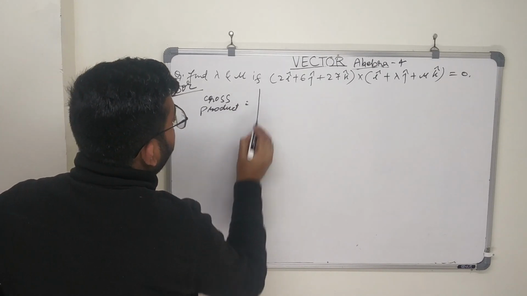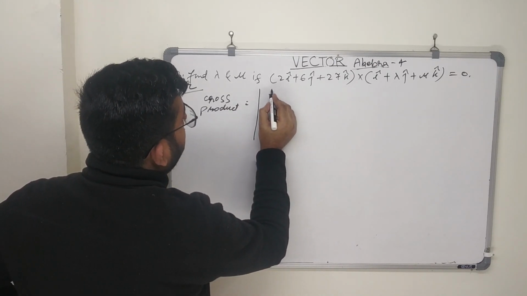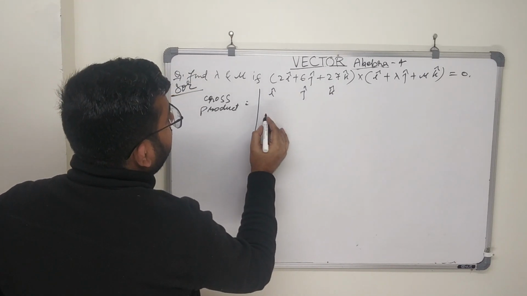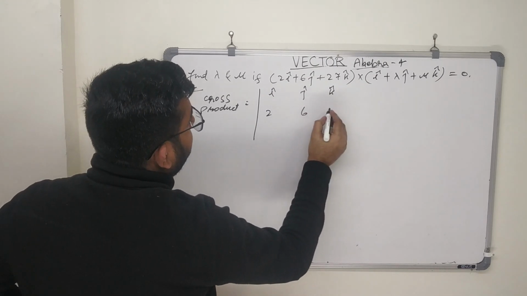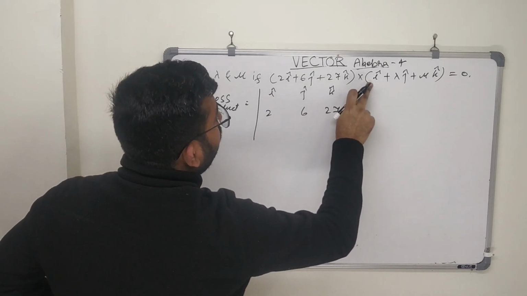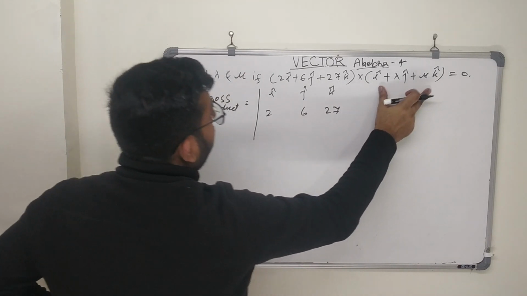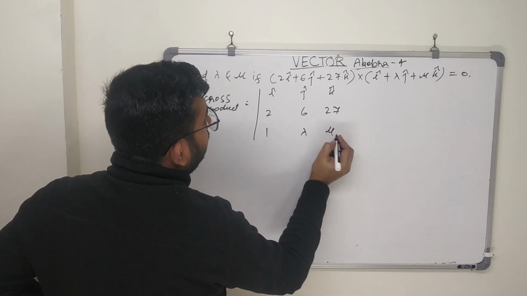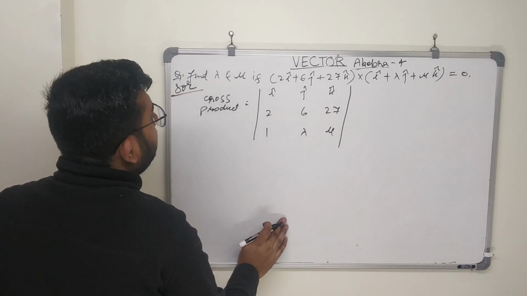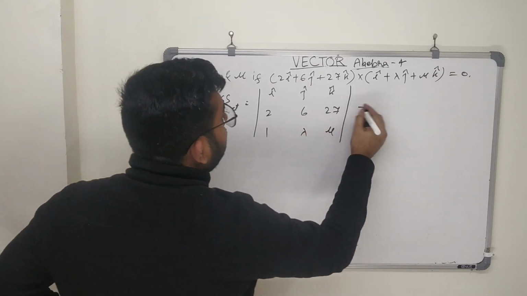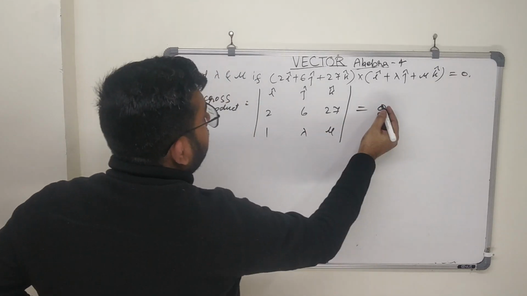is equal to determinant of i cap, j cap and k cap here, and 2, 6 and 27 here, and now putting the value, that is scalar components of this vector, that is 1, lambda and mu here. Now solving this determinant, and this will be equal to 0 as given in the question.